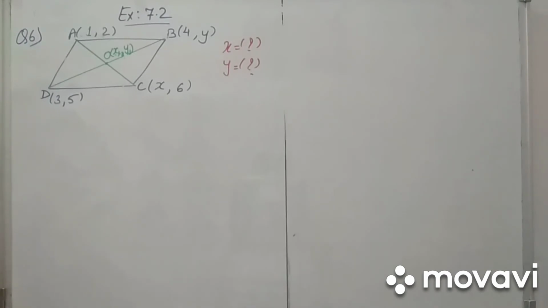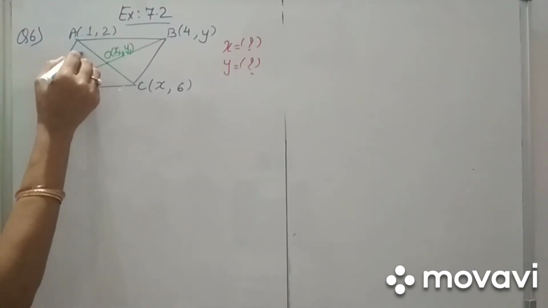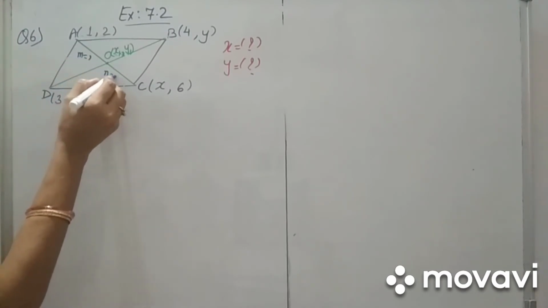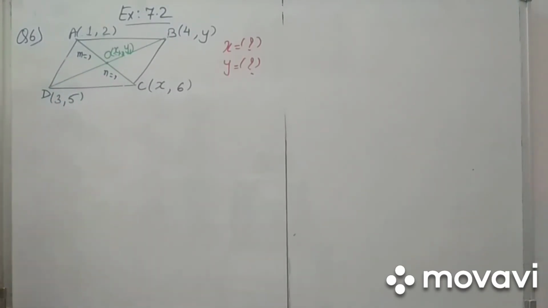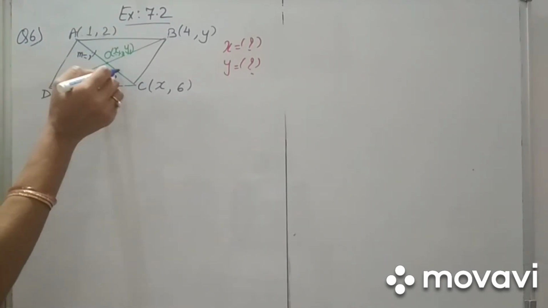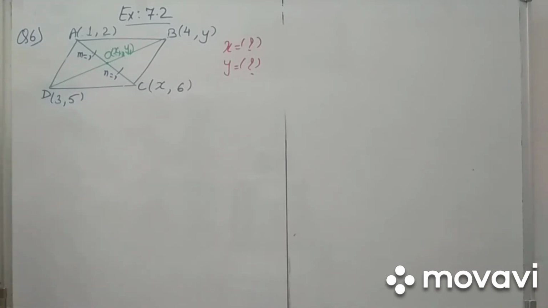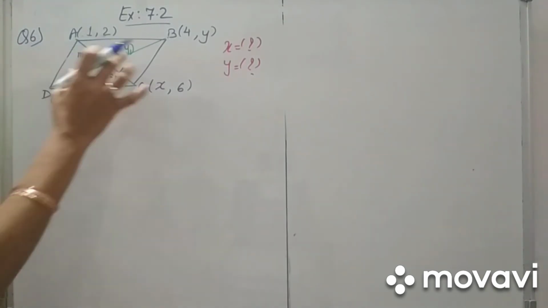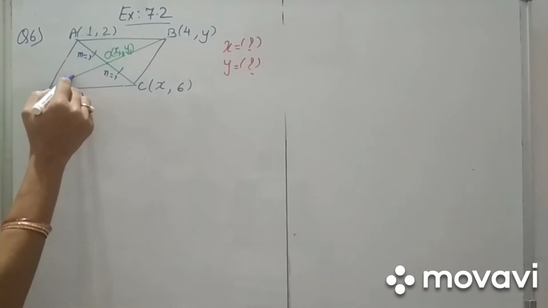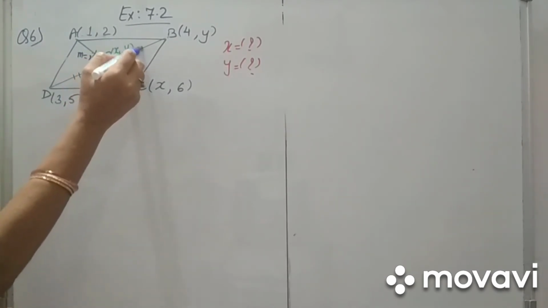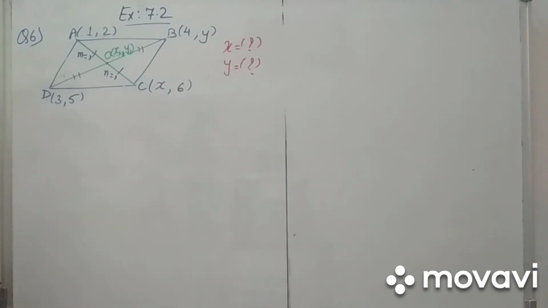Using the m and n value, what would be my m value here? 1 and n also 1, because as it is said, bisecting means both the parts are of equal measure. In such a case we are taking 1 1 as our ratio. Same way this ratio is also equal measure, so this also we will take as 1 and 1.